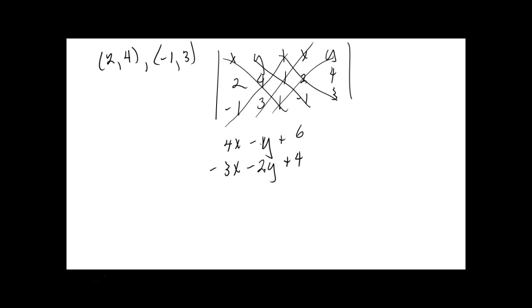Add those together, you get x minus 3y plus 10 is equal to 0. It's fine to leave it that way, or you could write it x minus 3y is equal to negative 10.